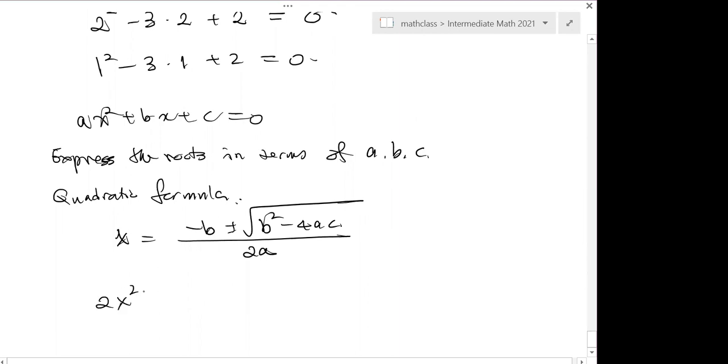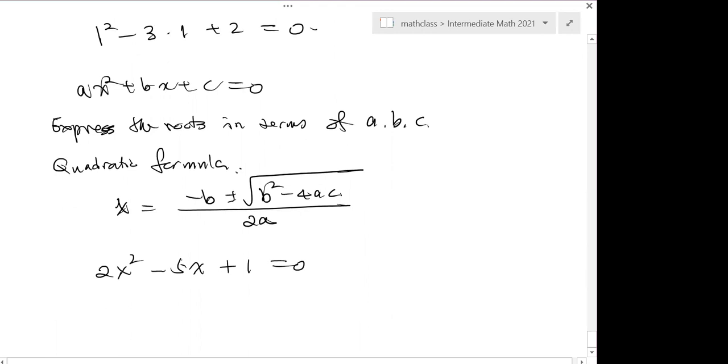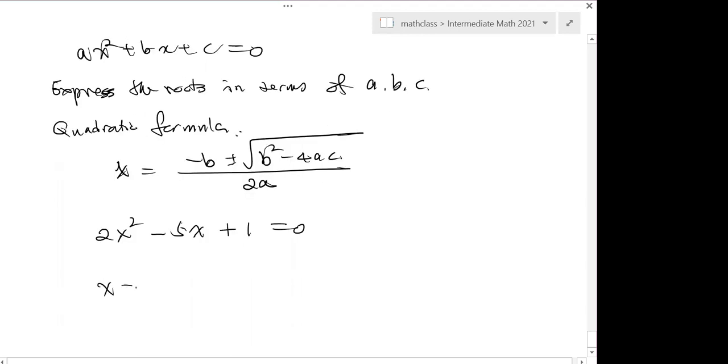Take 2x squared minus 5x plus 1 equals 0. It's otherwise very difficult to solve this equation, okay? You should have two roots here. So x equals 2 times 2 here, 2a, and minus b, so it's positive 5.